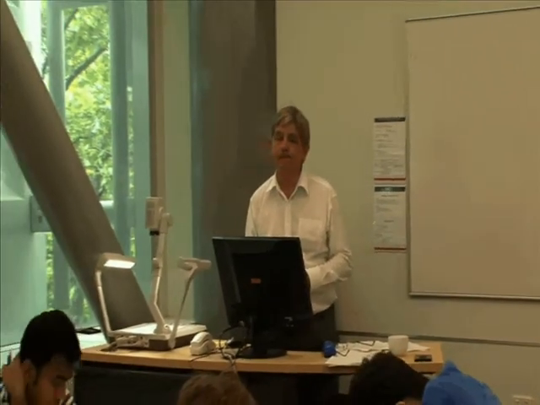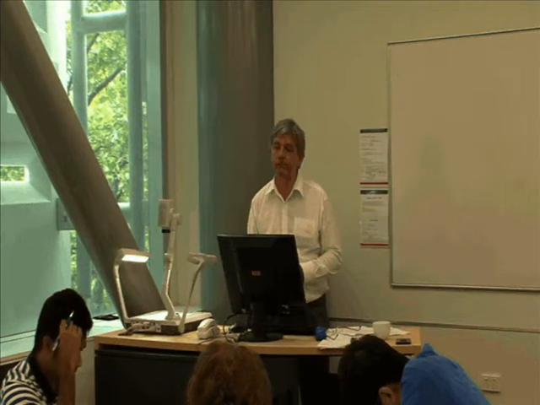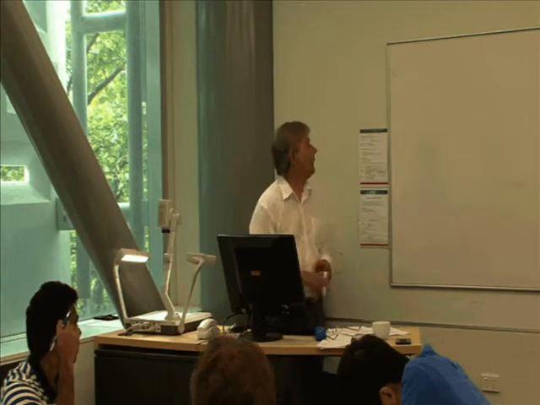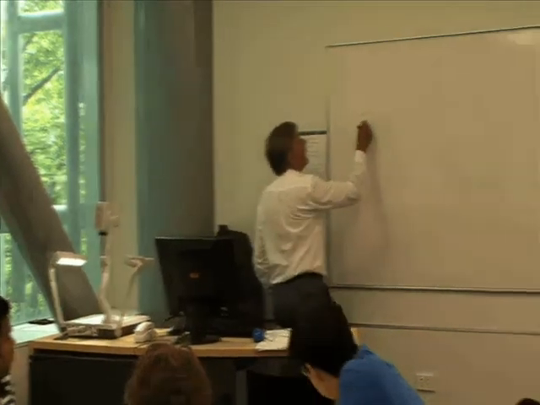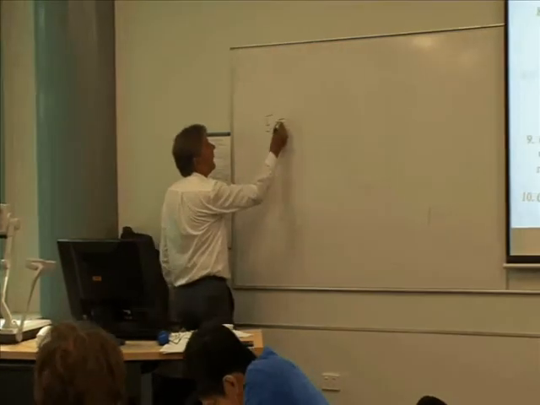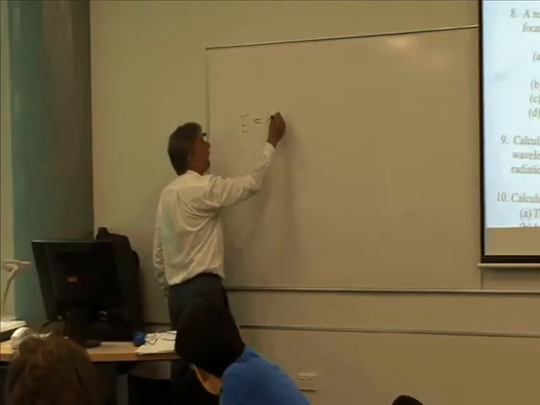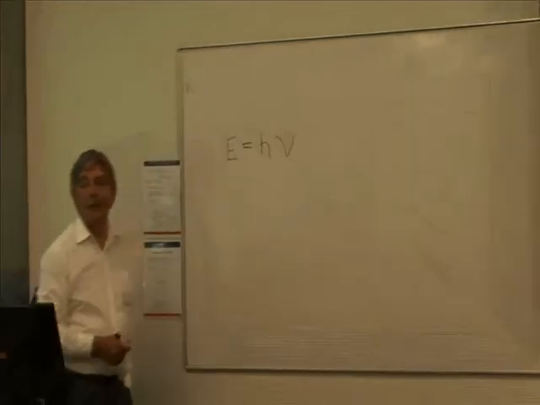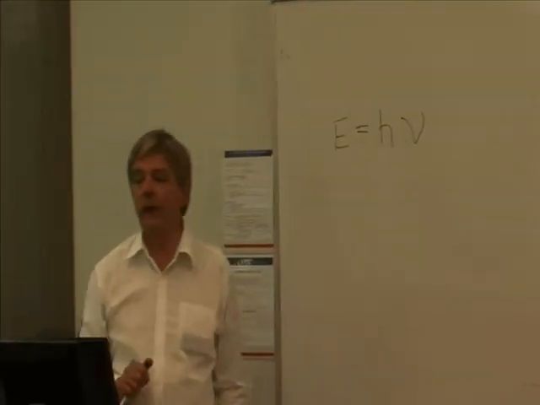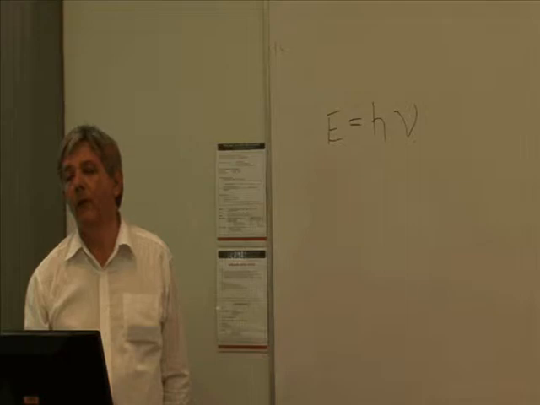Somebody give me the equation we're going to use here. Energy equals Planck's constant times frequency. Okay. Photon energy equals Planck's constant times the frequency. But we don't know the frequency.